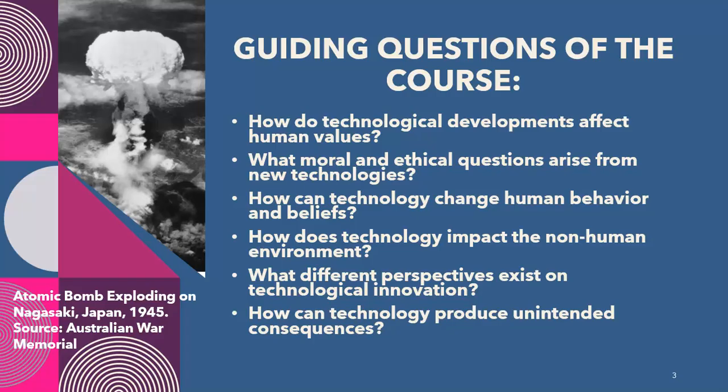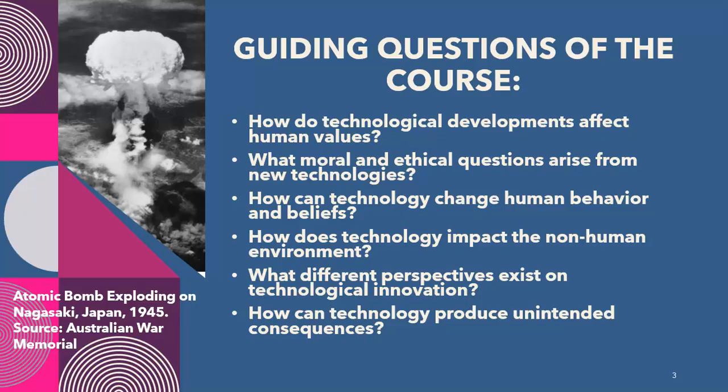What are the ways technology affects the non-human environment, including plant and animal species upon which human beings rely? What are the different viewpoints or perspectives regarding specific technological innovations? And how can technology produce unintended consequences?